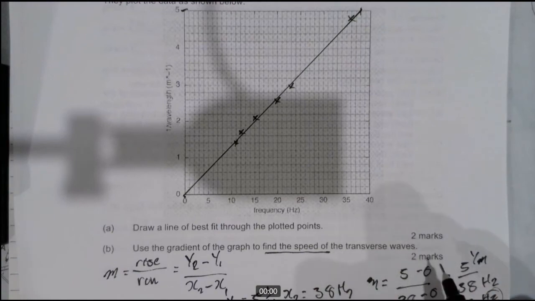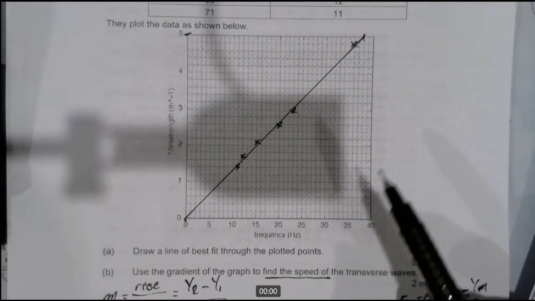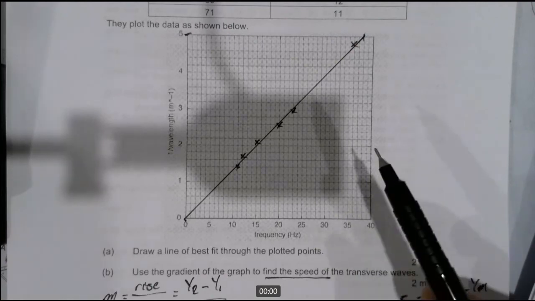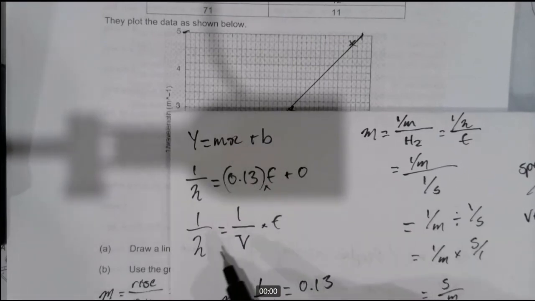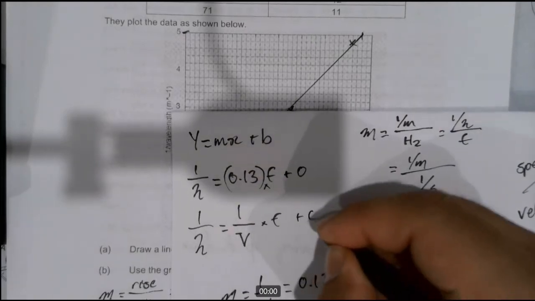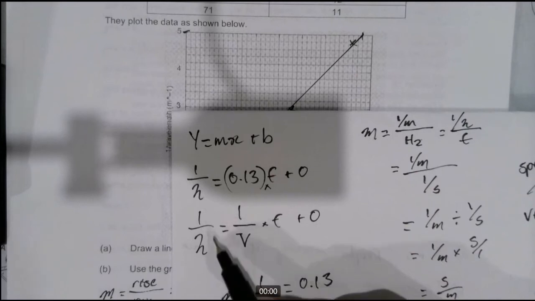Okay, now 2 marks. These will get easier with time. You just have to remember that y is equal to mx plus b. That comes up so much, and it's just presented in different forms. Like here, whatever variable is on the y-axis in this instance is the inverse of the wavelength.